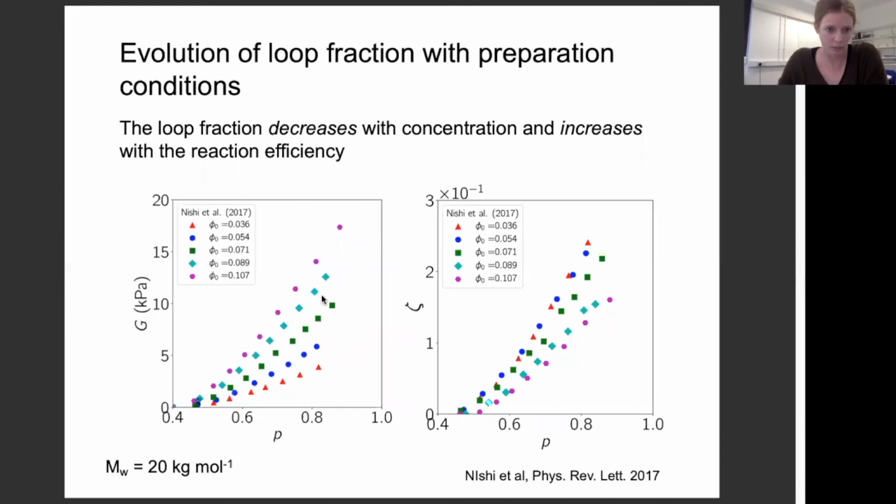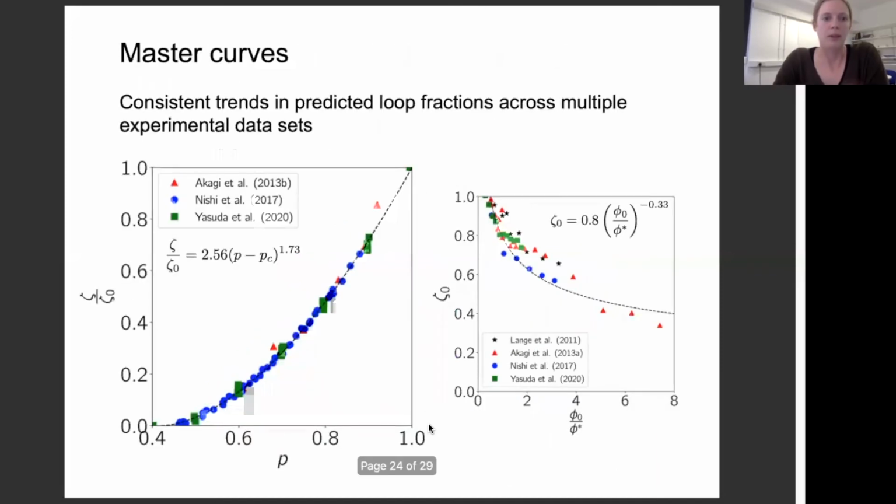We fitted the loop fraction in the random network models to reproduce this modulus, and these are the fitted loop fractions that we obtain. We see that the loop fraction should increase with the reaction efficiency, which is consistent with the previous plot, and also that the loop fraction should decrease when the concentration increases. So this is an example of the kind of backfitting approach we adopted. But we did that for basically all the data we found in the literature.